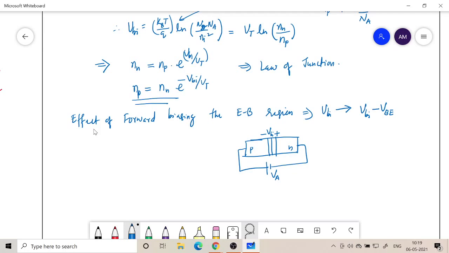So we need to apply a voltage which is opposite to that. And now this is going to tremendously increase the concentration of minority carriers on the other side.